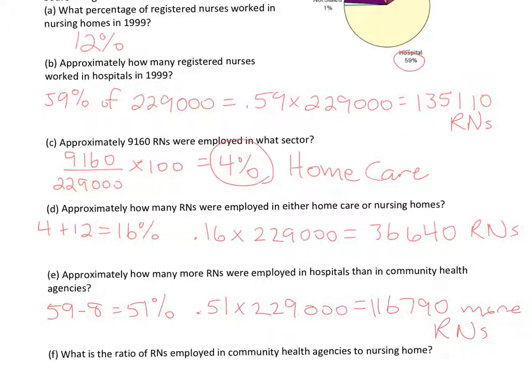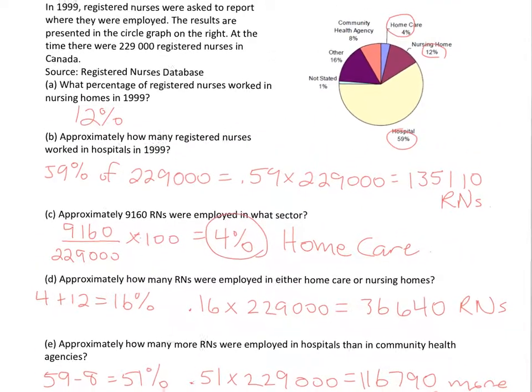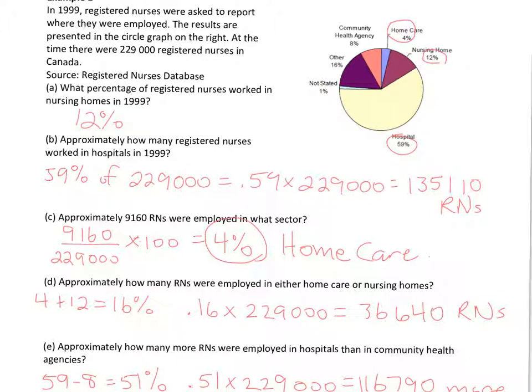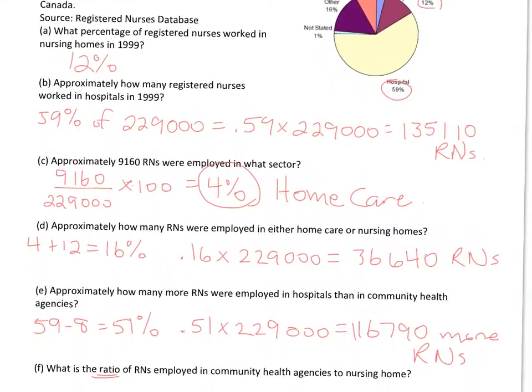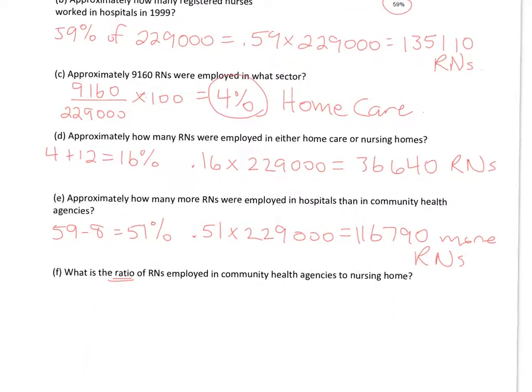And the final question says, what is the ratio of RNs employed in community health agencies to nursing homes? So let's take a look at the graph first for a minute. We're comparing community health agencies, which is 8%, to nursing homes, which is 12%. So now let's turn that into a ratio.